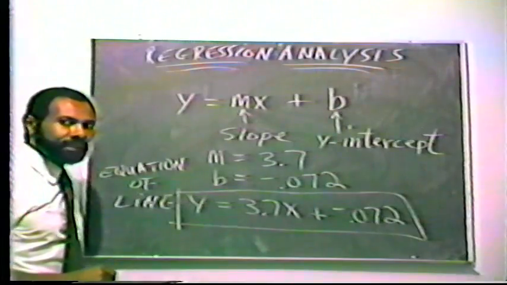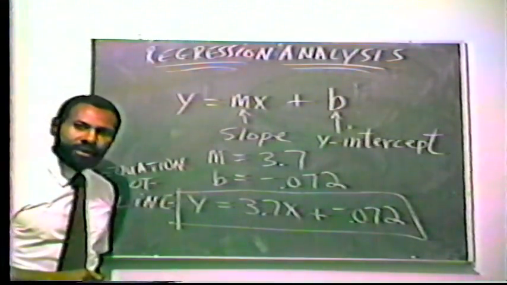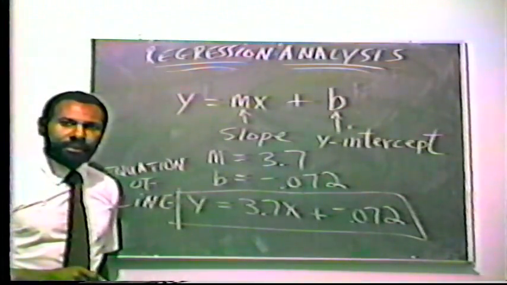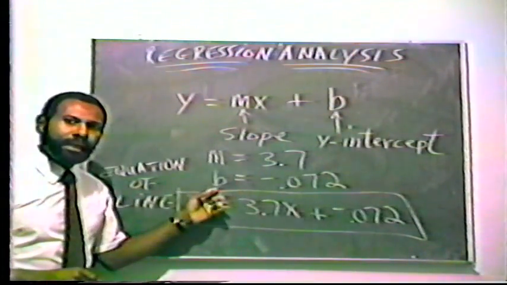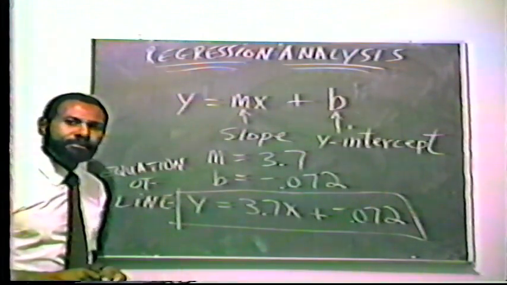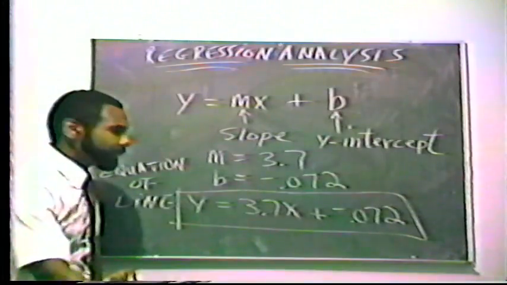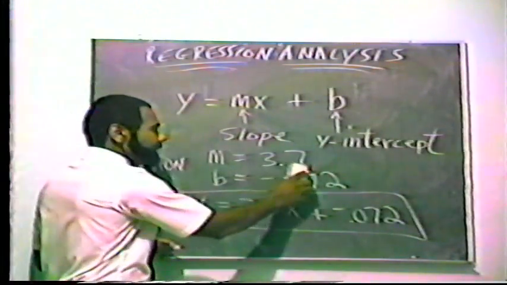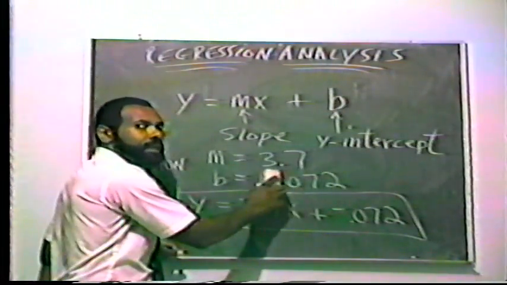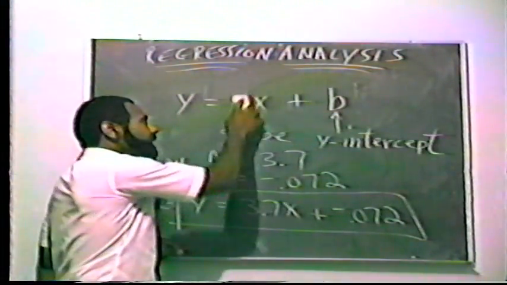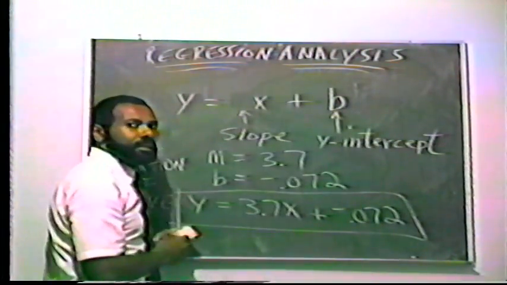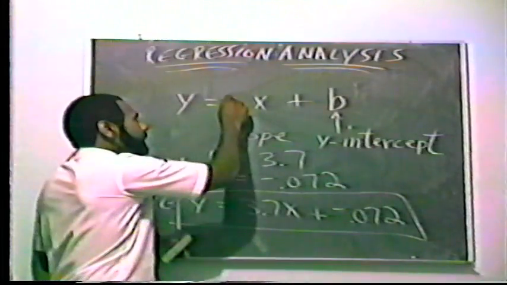That's the equation of the line, whether it's a regression line or any other type of line. If I tell you what the slope is and the y-intercept, you can give me the equation of the line. Essentially, you take the number that I give you for the slope, m equals 3.7. You erase m in the equation y equals mx plus b, and you write that number, 3.7.